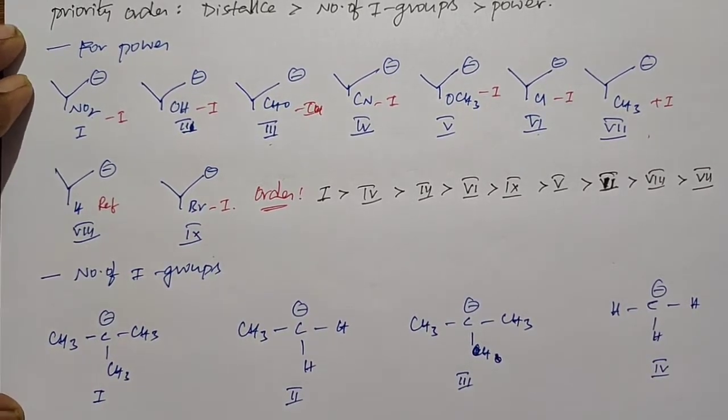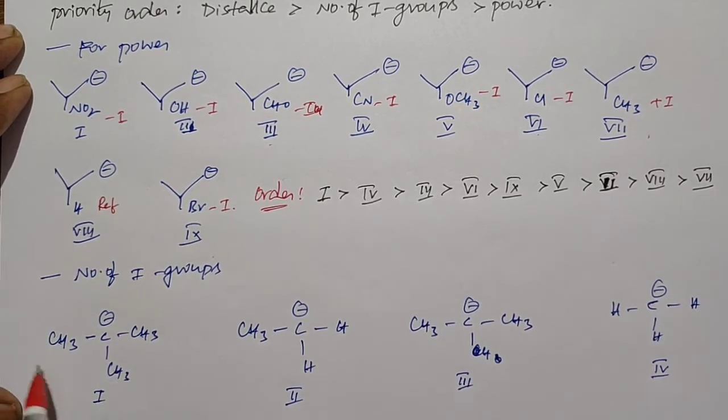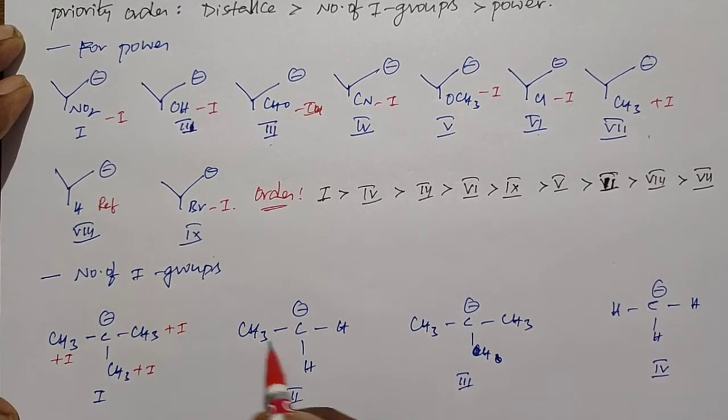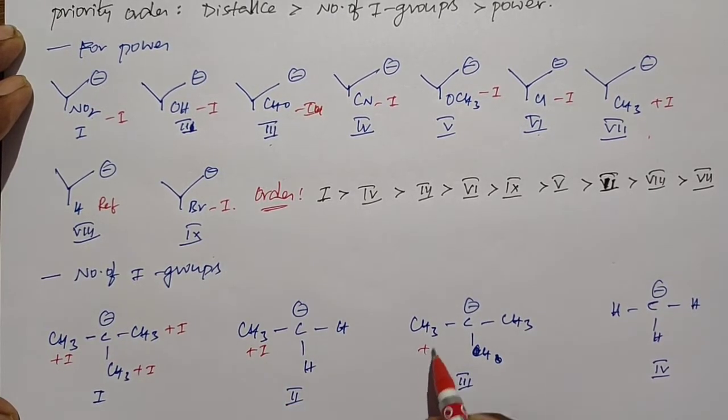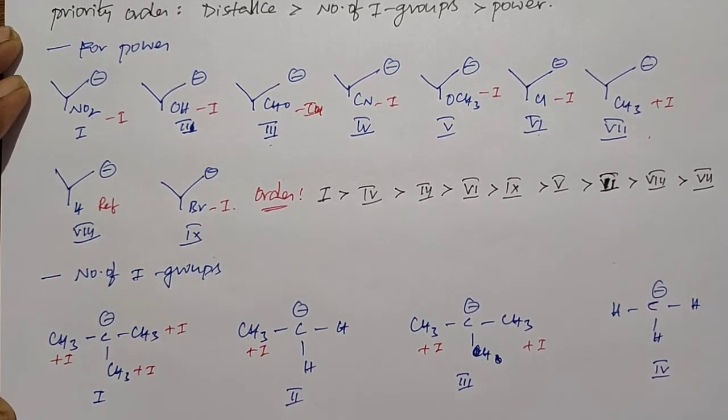When you observe, in the first structure the carbanion is attached to 3 plus I groups: plus I, plus I, plus I. Here there is 1 plus I group, here 2 plus I groups attached to the carbanion, and here 3 hydrogens. The plus I groups decrease the stability of carbanions. So then we take the order of their stability.